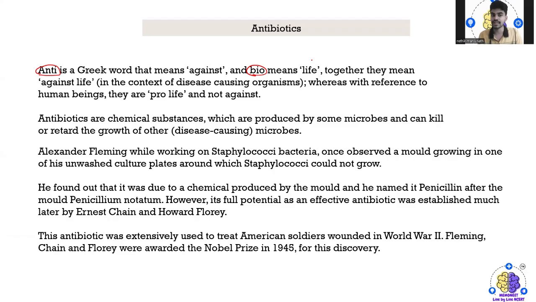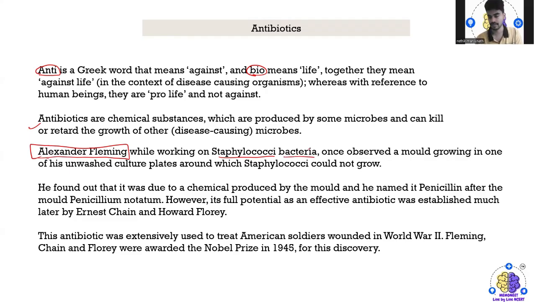So antibiotics are the chemical substances which are produced by some microbes, and they can kill or retard the growth of other disease causing microbes. Alexander Fleming, a very famous and well-known scientist, worked on one specific organism, Staphylococcus bacteria.